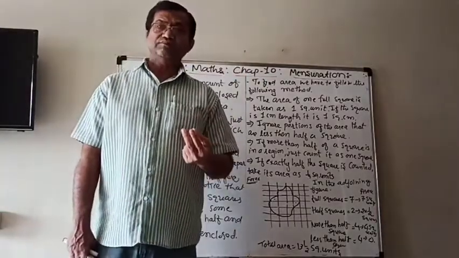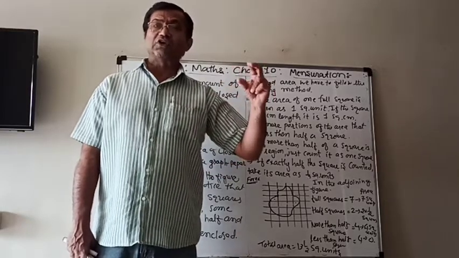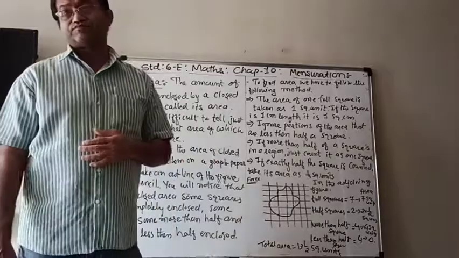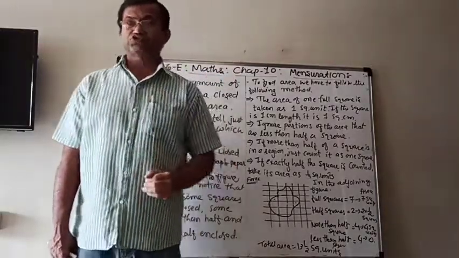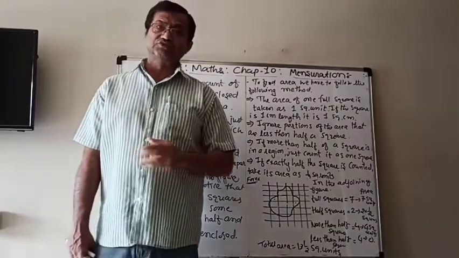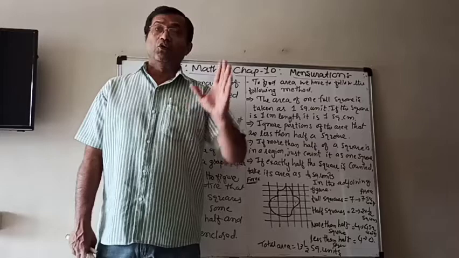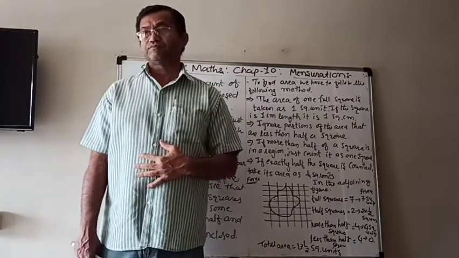Then count those which are enclosed more than half. Then count exactly half squares which are enclosed. And then at last, those squares which are enclosed less than half.